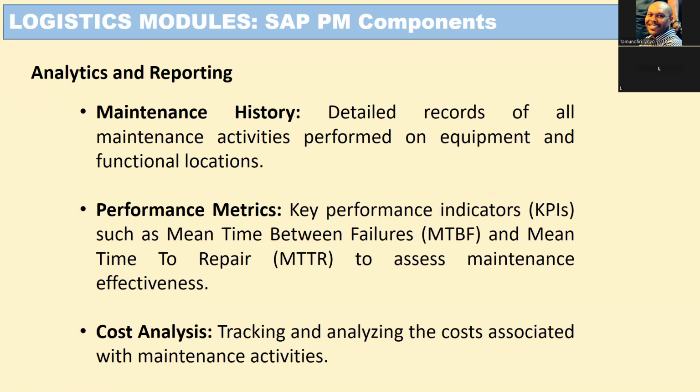So there are certain things you can do with the PM module. For instance, if you want to see the maintenance history of a particular product, you can do that. If you want to see the performance metrics of a particular equipment, you can also do that. And also cost analysis, tracking and analyzing the cost associated with maintenance activities.